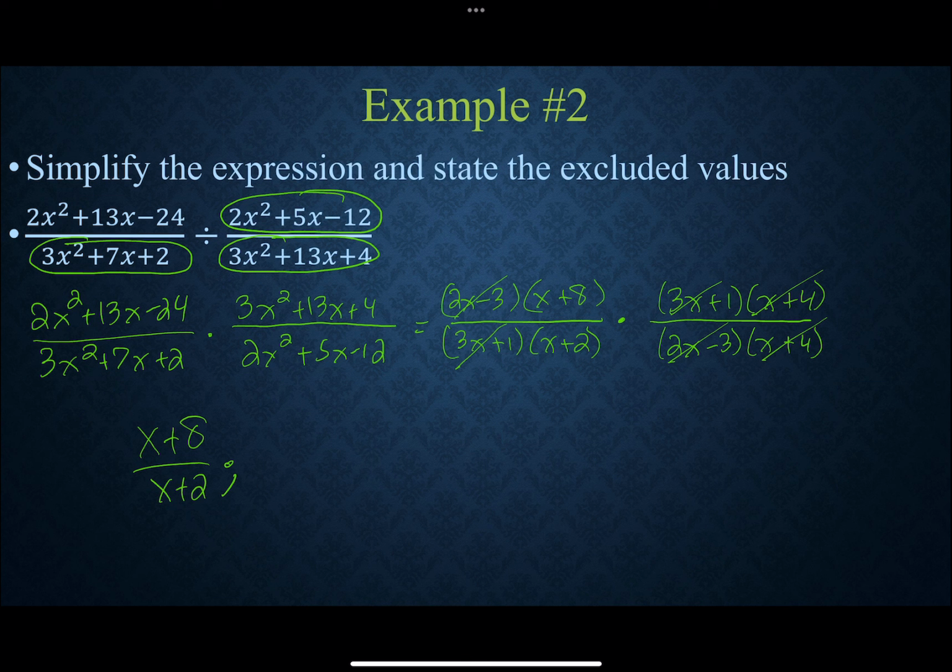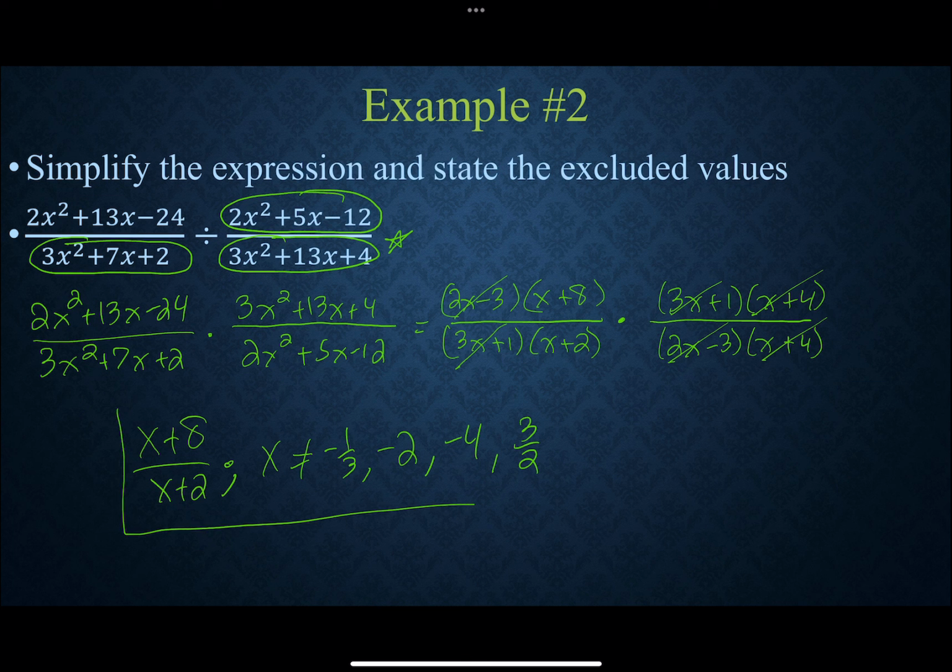So just going in order, the bottom left numerator, we'd get a negative 1/3 for the 3x plus 1. We get negative 2 for the x plus 2. The top right numerator, which was the original denominator, this one right there, 3x plus 1 already was counted for. X plus 4 gives us a negative 4. The new denominator, the 2x minus 3, gives us a 3/2, and the x plus 4 is already accounted for.